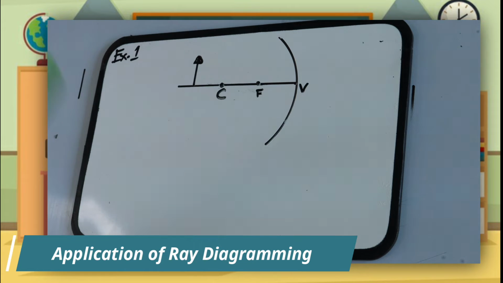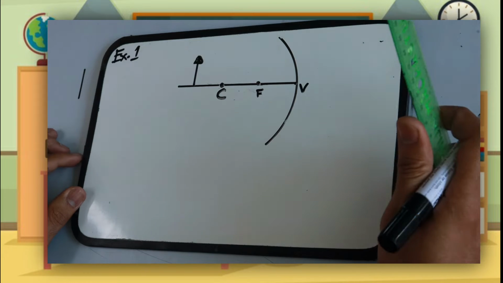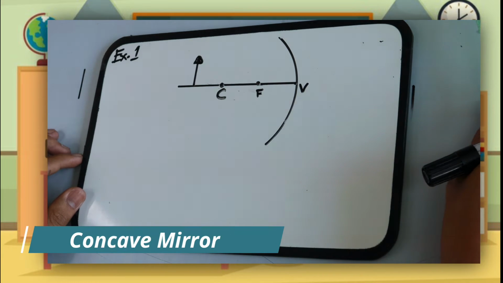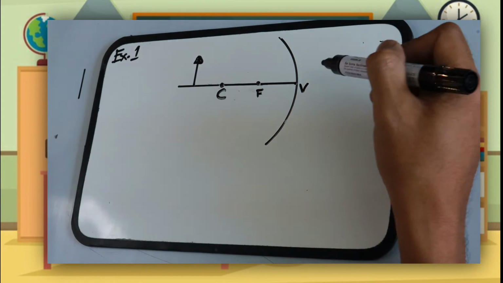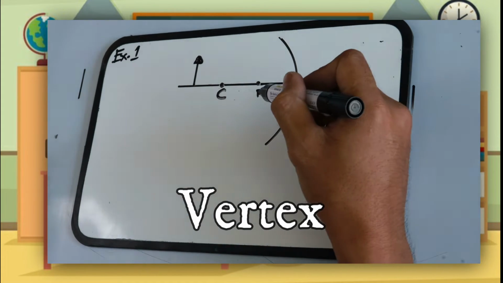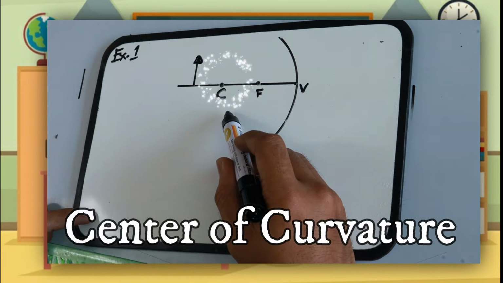For the application of our ray diagramming, in example number 1, we have our ray diagram using a concave mirror. Of course, we have our vertex, our focus, and our center of curvature.